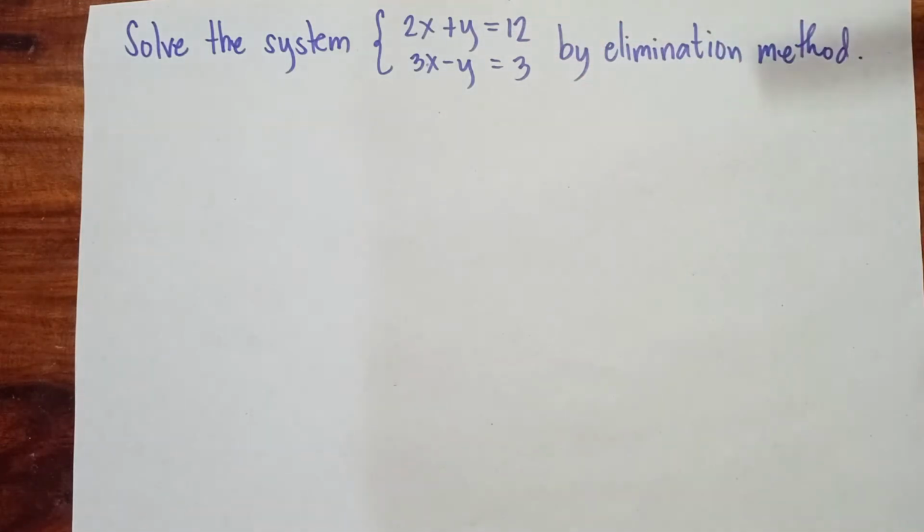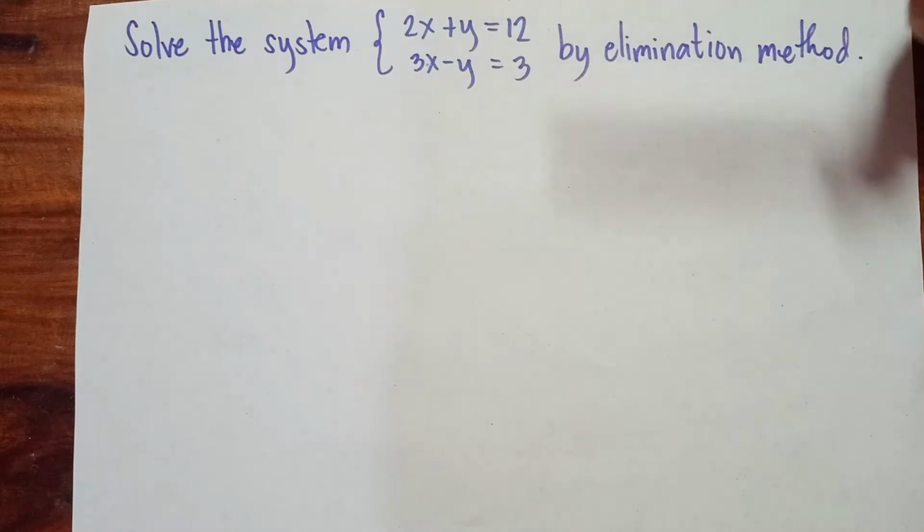In this particular example, it's either x or y. So dapat para ma-eliminate yan mga boss, yung coefficients ng parehong variable dapat is additive inverse sila sa isa't isa. Okay? Dapat additive inverse. So may instances na magmumultiply tayo ng non-zero constant, meron din na hindi na kailangan.